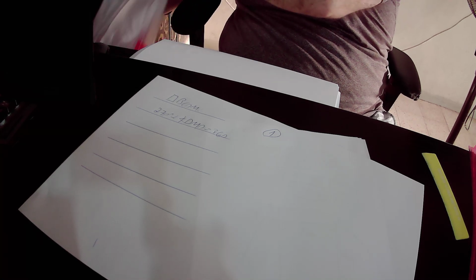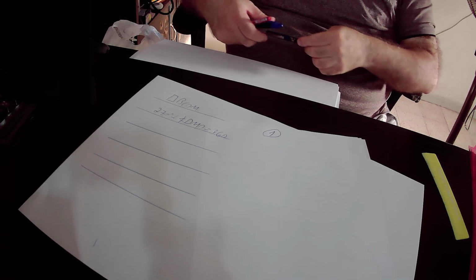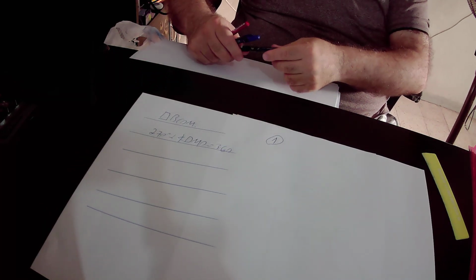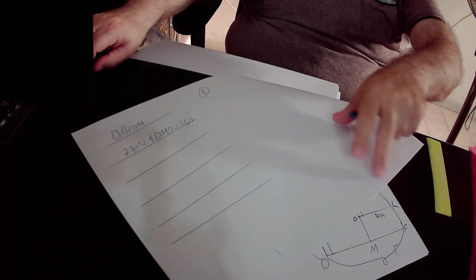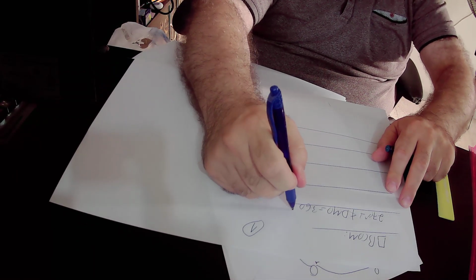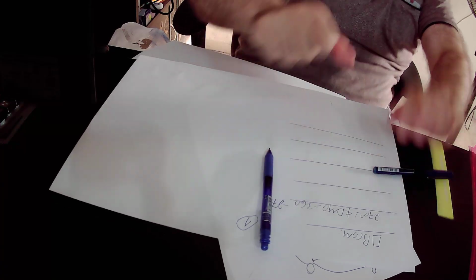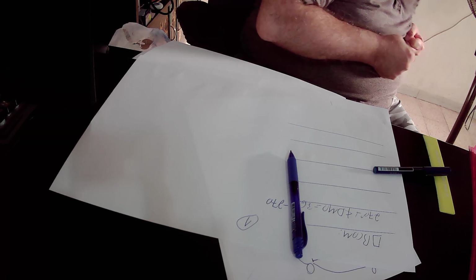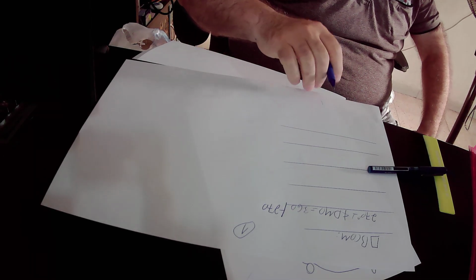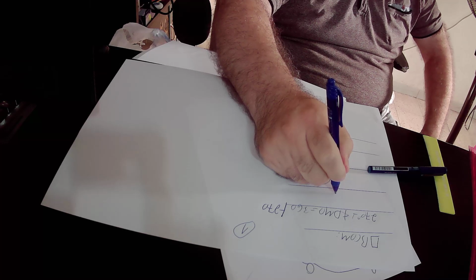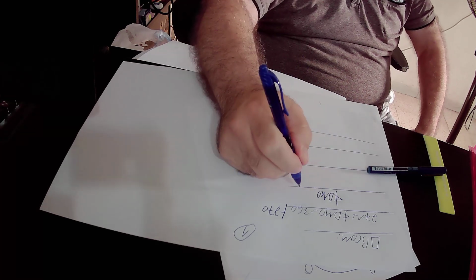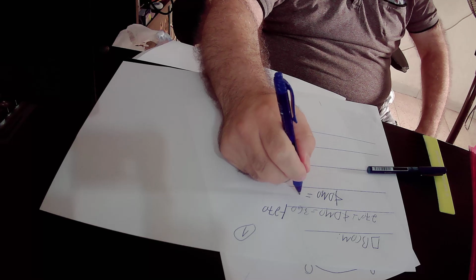Here we will subtract 270 degrees from this equation, and we'll get that the missing angle, angle DMO, equals 360 degrees minus 270 degrees, which is equal to 90 degrees.